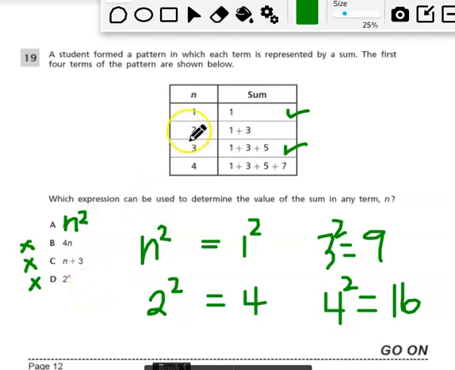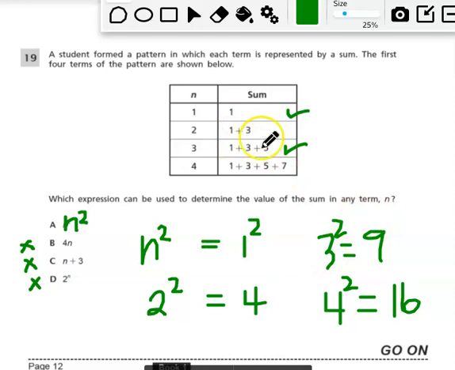So now, what if n is 1? You're gonna change n to 1. So that's gonna be 1 times 1, which is 1. That's correct. Now again, what if n is 2? So that's 2 to the power of 2, which is 4. What if n is 3? So 3 to the power of 2, which is 9.